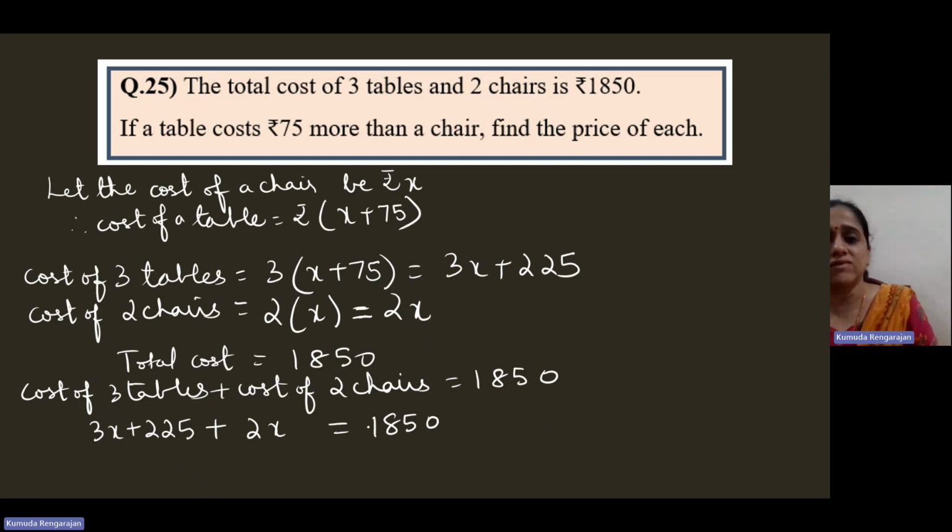You'll have to solve and find the value of X. And what is X? The cost of a chair. What will be the cost of the table? X plus 75. Suppose you get 200, then 200 plus 75. Okay, let's solve this.